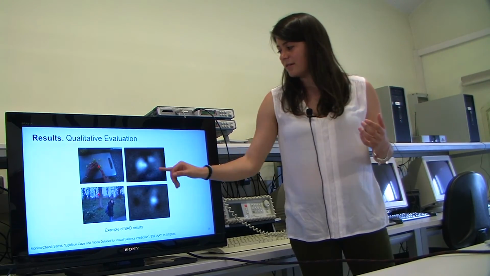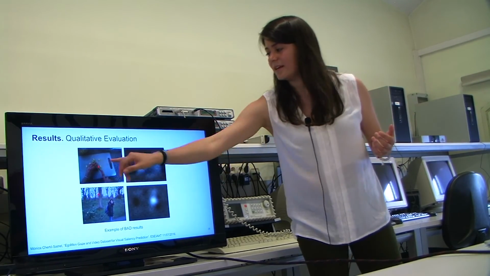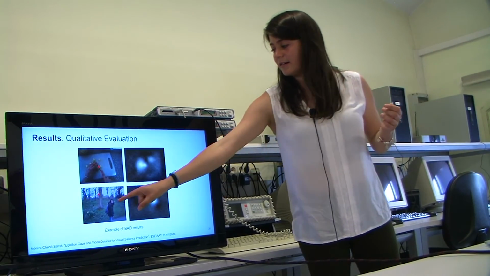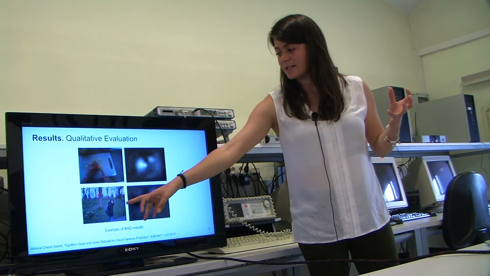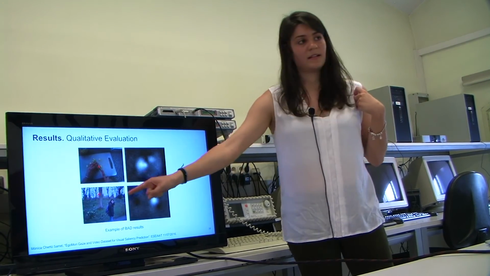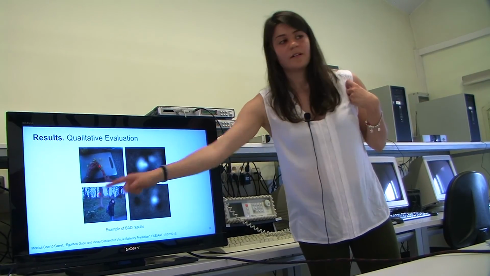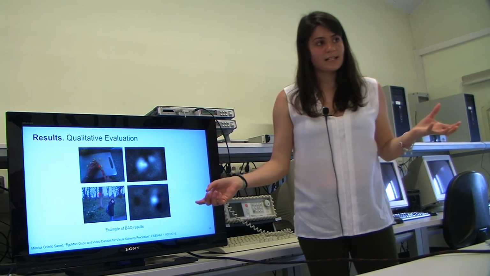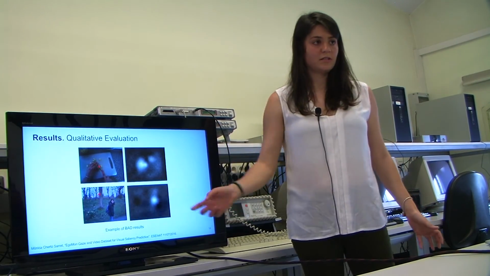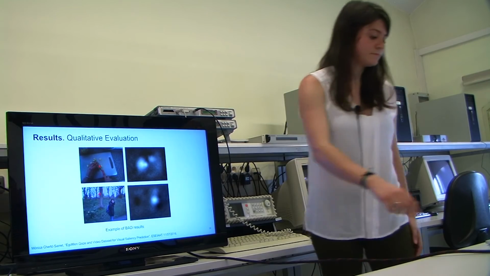So we can see that the results are not similar. And in this specific moment, the wearer of the glasses was fixing his gaze on this tree. But for the saliency model, the most important is the person that appears in this frame.